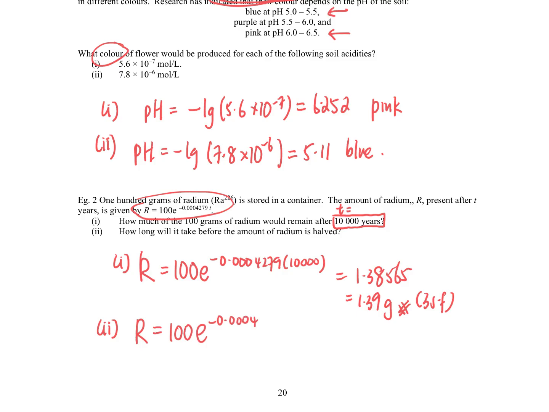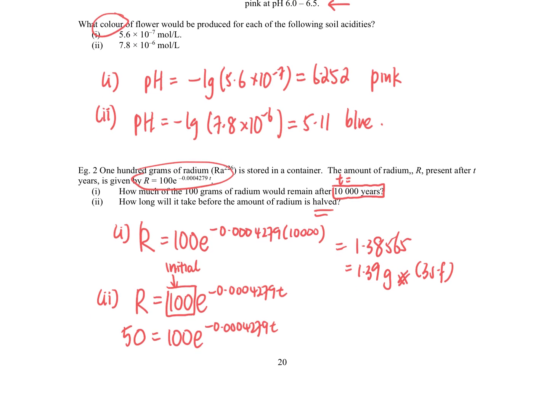It is when t is 0. So actually this is your initial, your R0. So you know initial is 100. When it's half, that means they are asking you to sub in R as 50. So you must be able to interpret what they want. It's not difficult. You just need to understand what they are asking you.